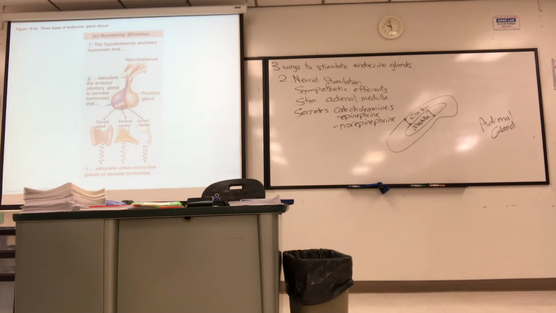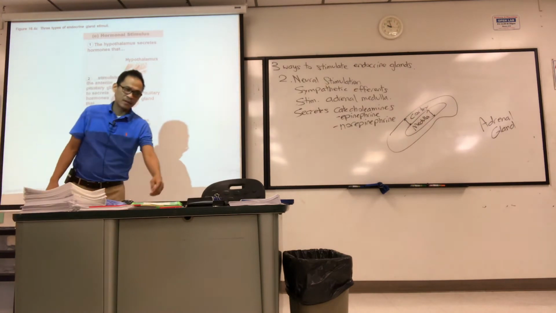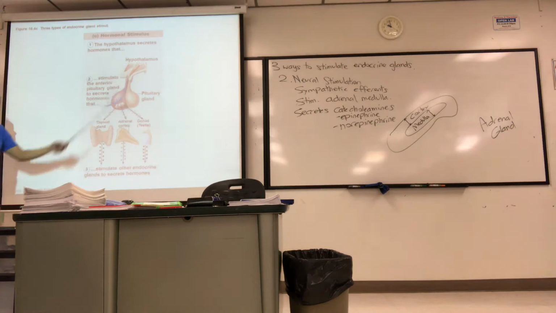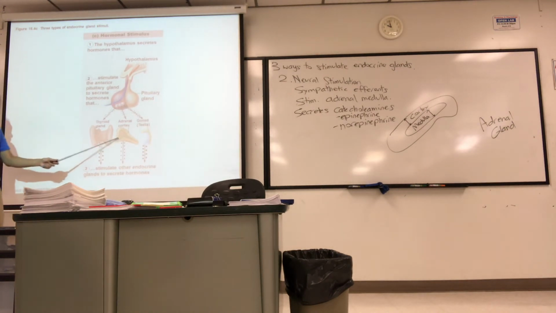You have many examples of hormones stimulating the release of other hormones. The pituitary is a great example of that. In fact, I'm going to teach it pretty much next. Let's learn what this figure is showing us. It's showing us that at three levels, you're getting hormones stimulating the release of other hormones: at the hypothalamus level, at the anterior pituitary level, and at this lower gland level here.